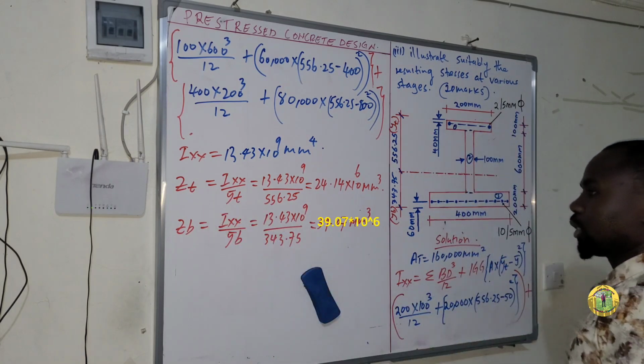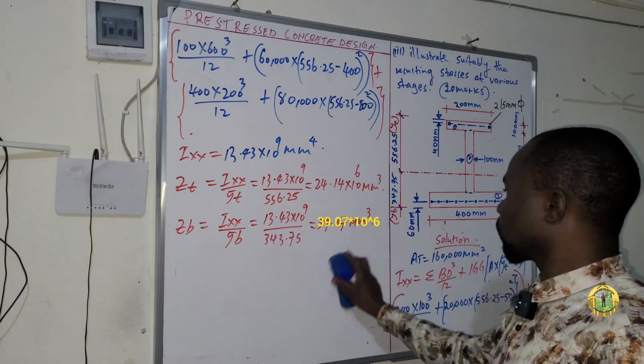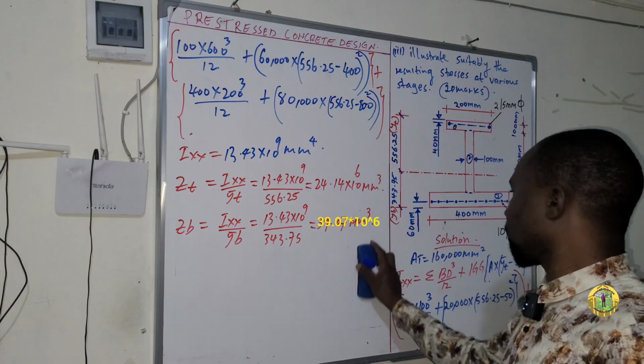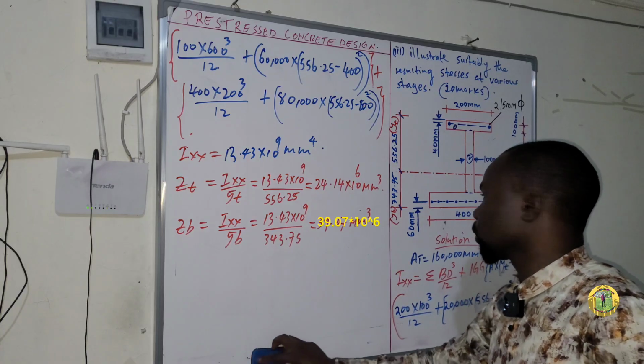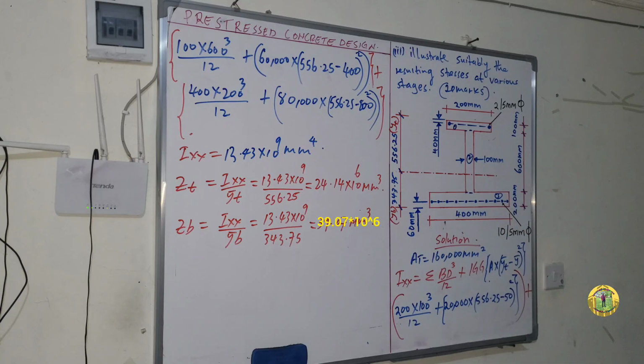Now, after calculating the Ixx, Z top and Z bottom, what follows next is to locate the position of the prestressing force. As you can see in the section, we have not been shown the position of the prestressing force.